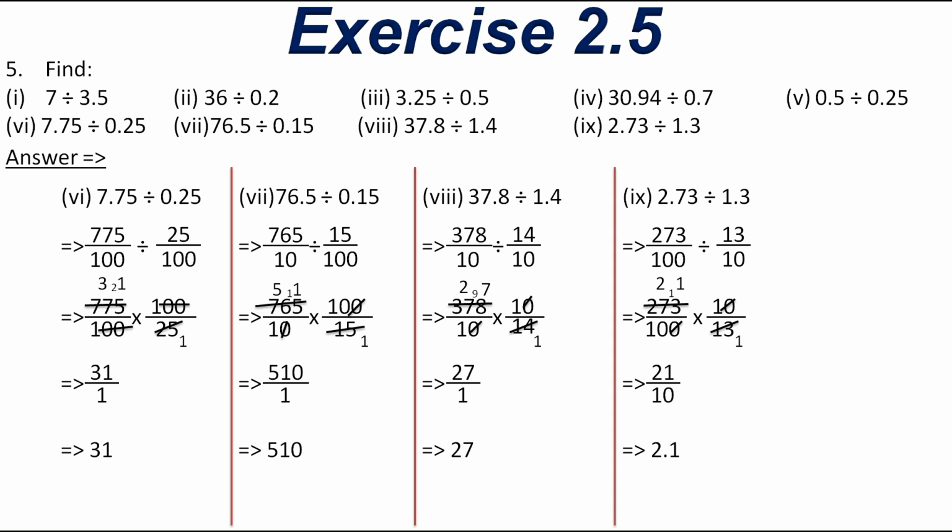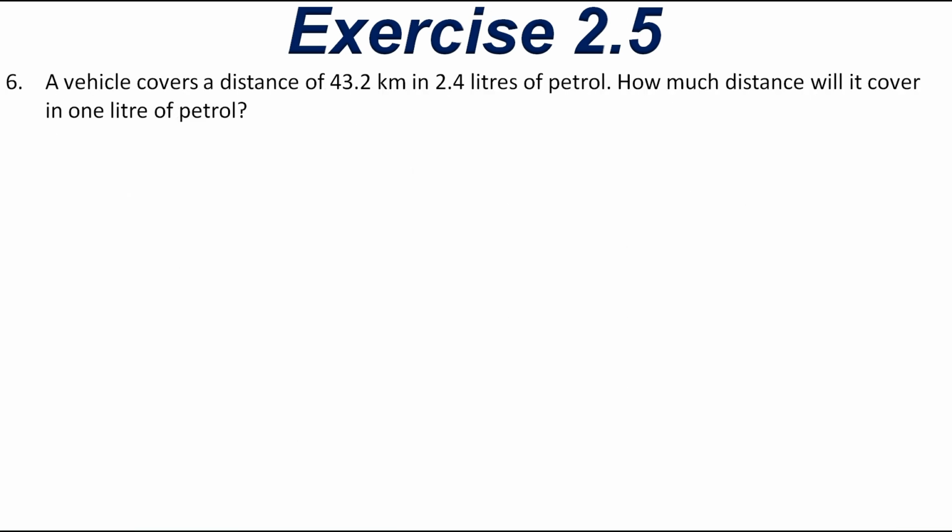Okay, so let's move to the next question, that is sixth one now. A vehicle covers a distance of 43.2 km in 2.4 liters of petrol. Now they are telling that there is a vehicle that covers a distance of 43.2 km by 2.4 liters of petrol. How much distance will it cover in 1 liter of petrol?